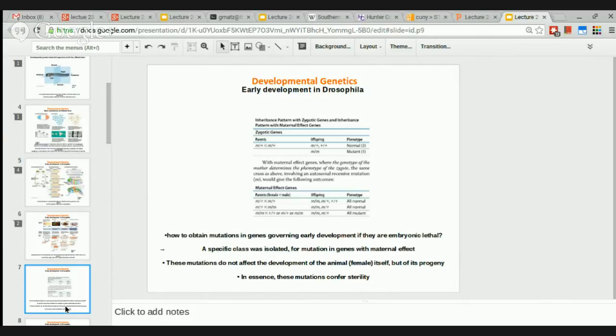This is how maternal effect genes are isolated. The phenotype of the offspring does not depend at all on the genotype of the offspring, but on the genotype of the female.